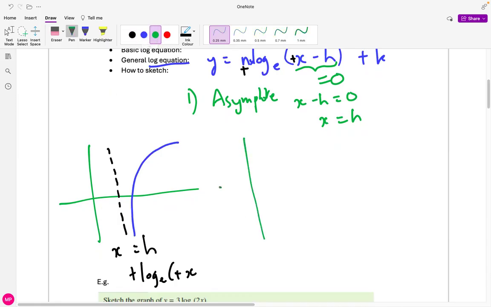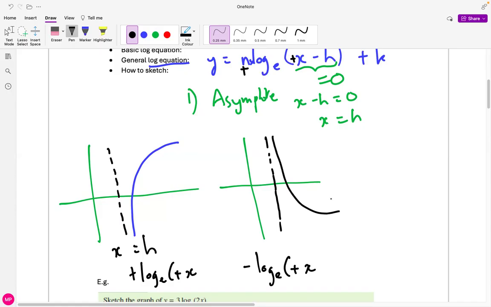Then if you do have a reflection, if you have a negative outside in front of the log, and you have the positive inside, so negative log a of positive x, the negative outside is the reflection in the x-axis. So your shape will go this way now.